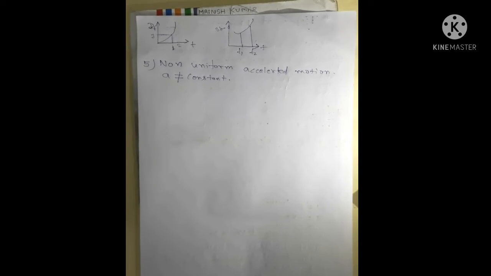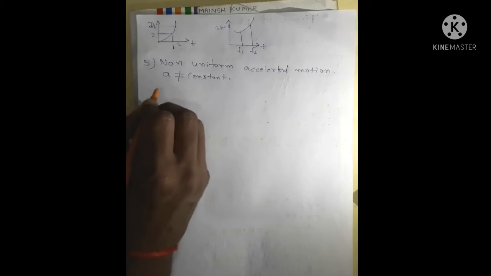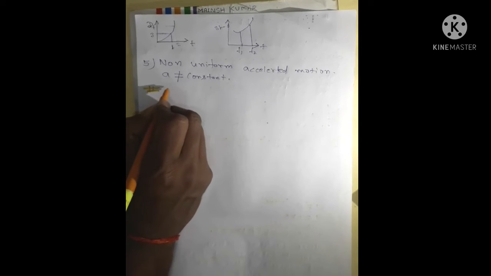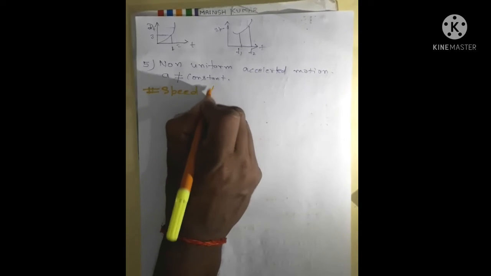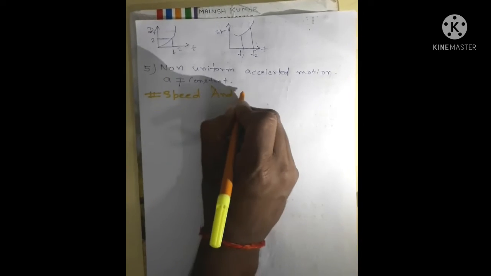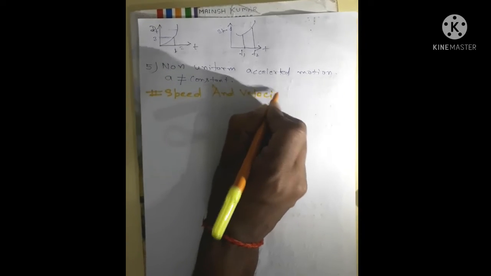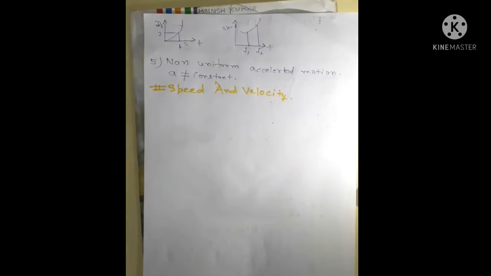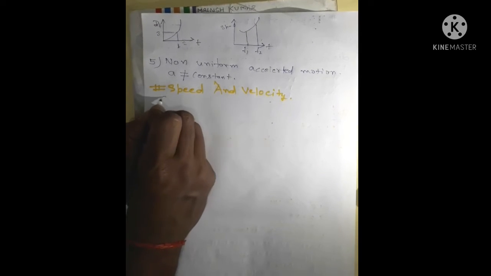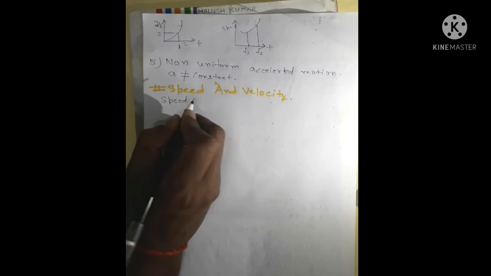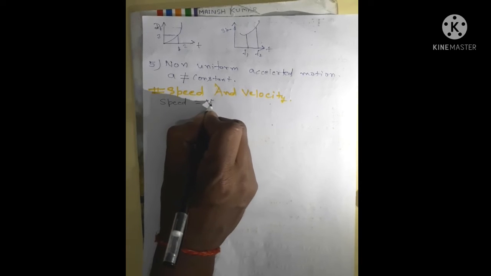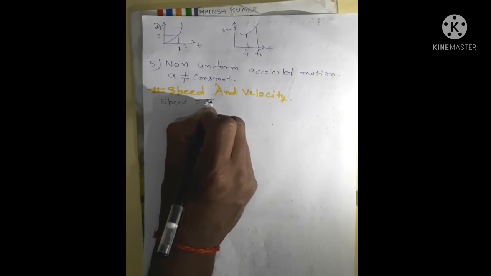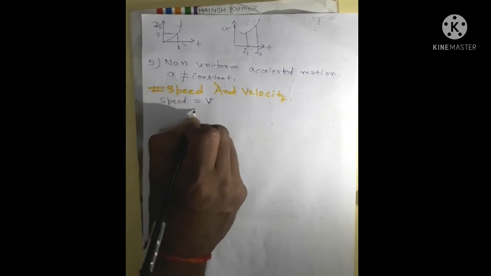Now we will see speed and velocity. Next point is speed and velocity. First, start with speed. Here I am representing speed with V. What is speed?